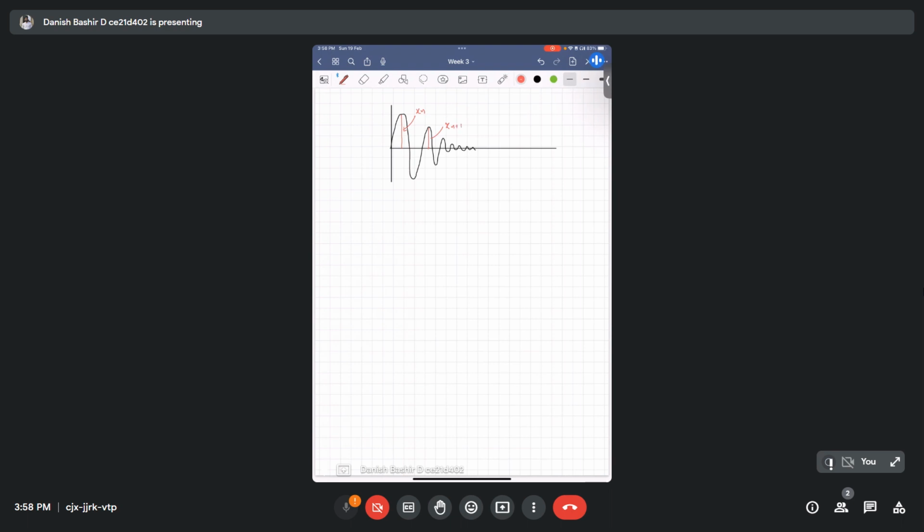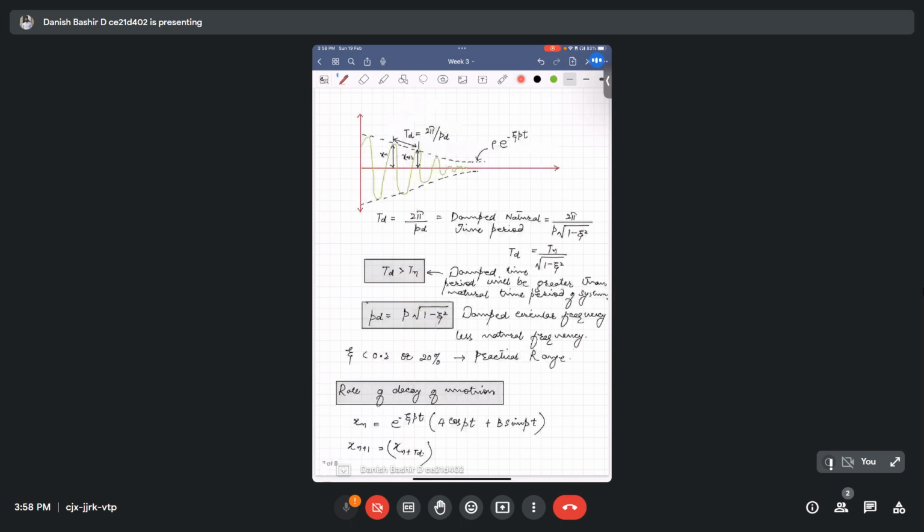In between x of n and x of n plus 1, Td amount of time elapsed. So we have to add Td to this to get x of n plus 1.